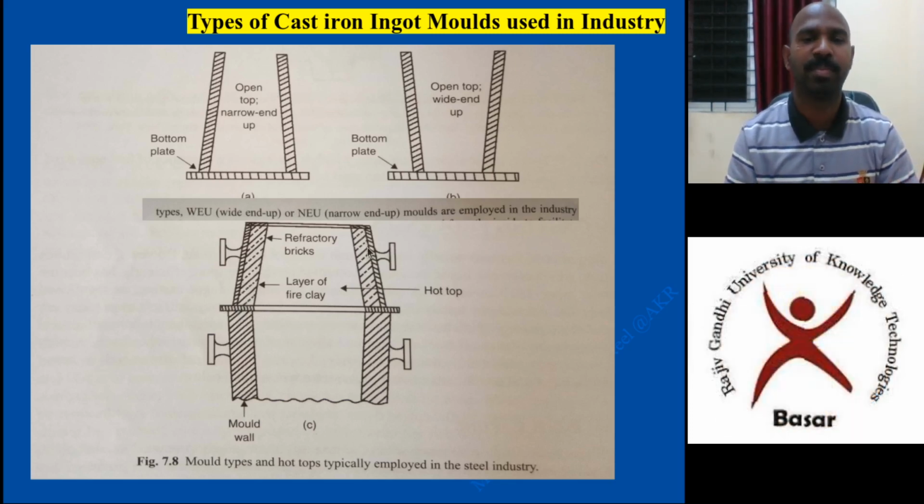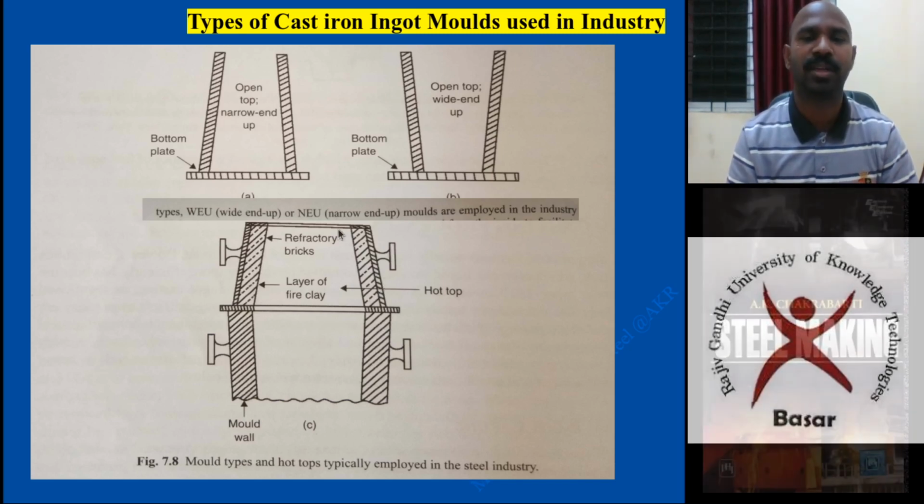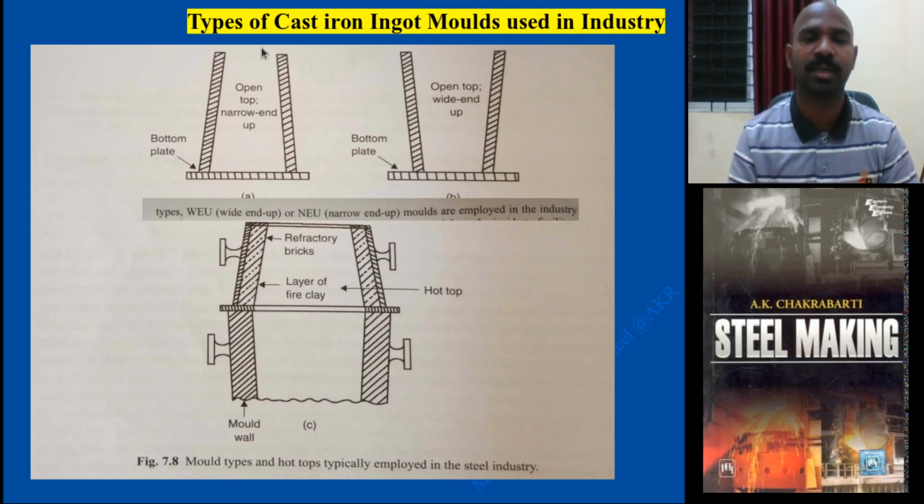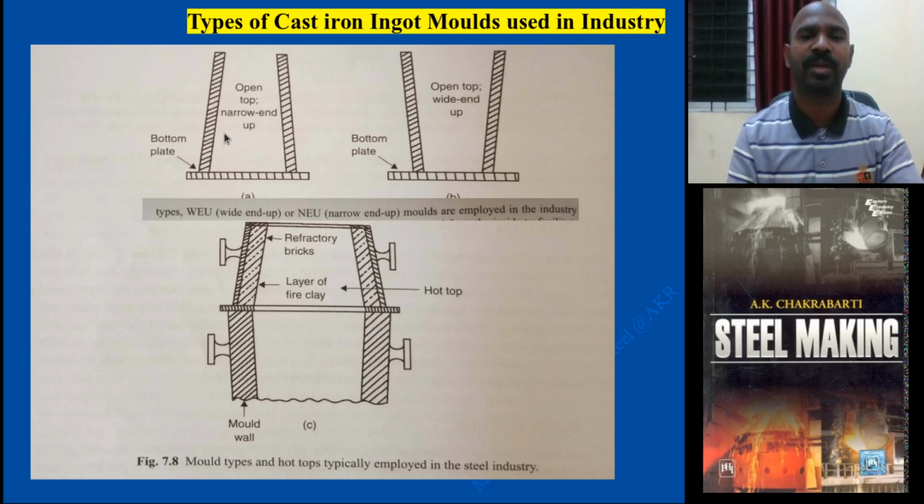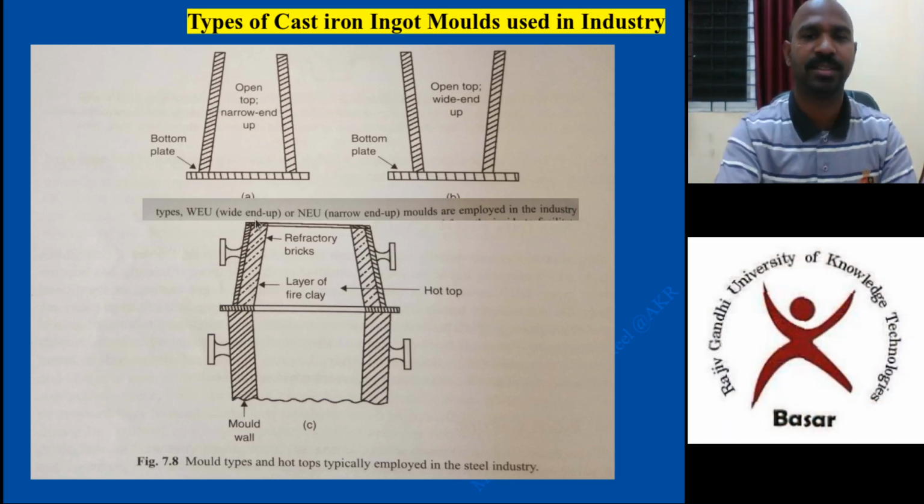It is made of refractory brick and refractory lining, and a layer of fire clay is kept on the ingot so that you can avoid such casting defects. This is a solution for the problem that arose.